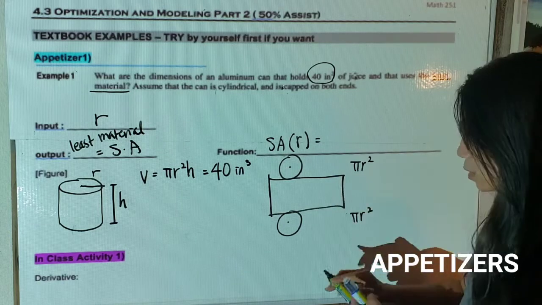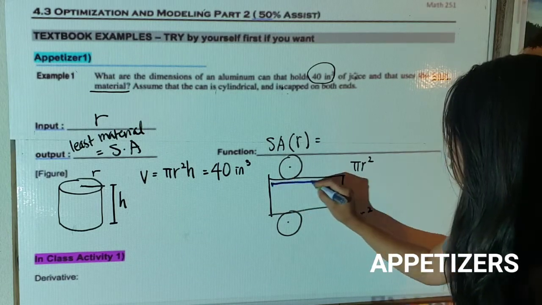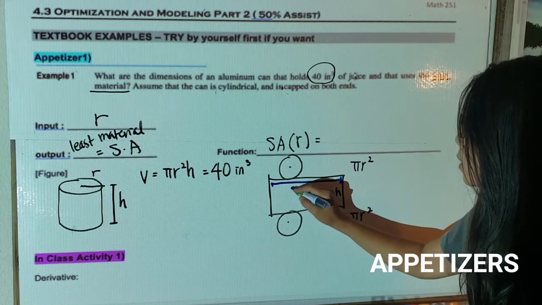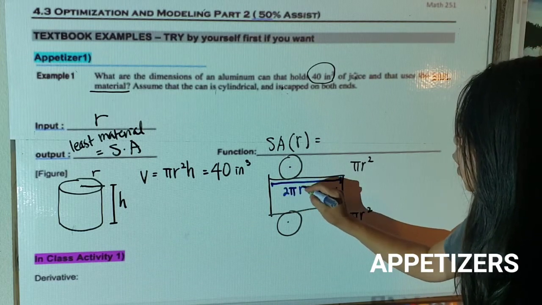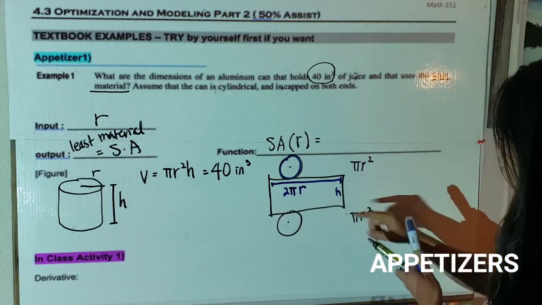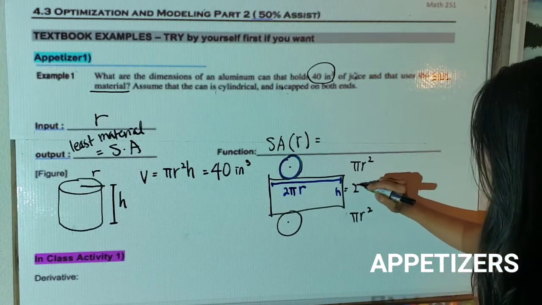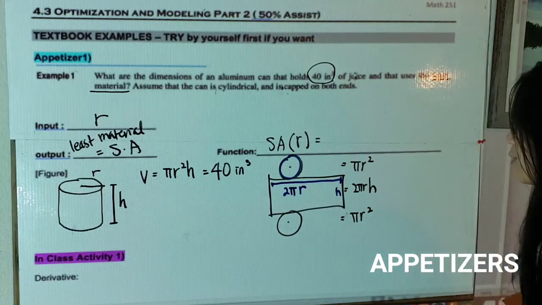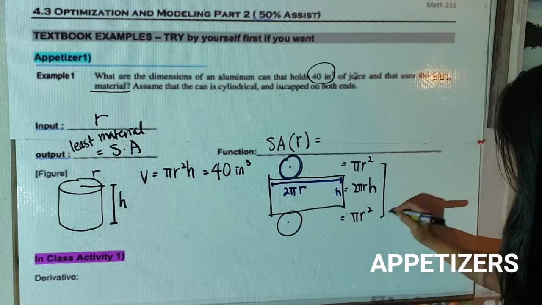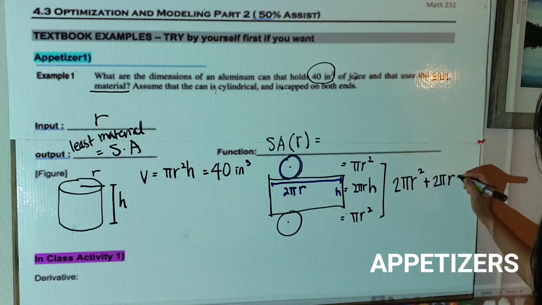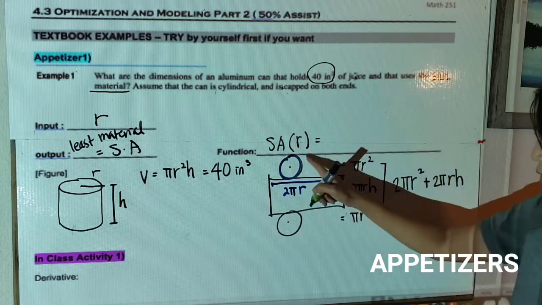Then the middle part has height H, and the width is going to be 2 pi R, the same as this radius, just remember that. So the rectangle area will be 2 pi R H. As you see, it's not as bad as the first time. So here I get 2 pi R squared plus 2 pi R H as my surface area.